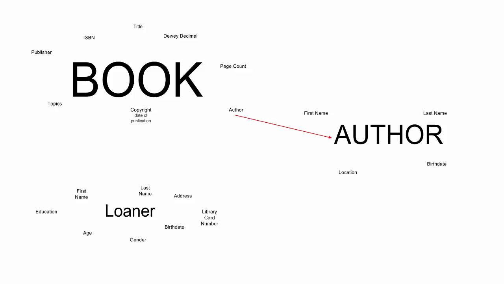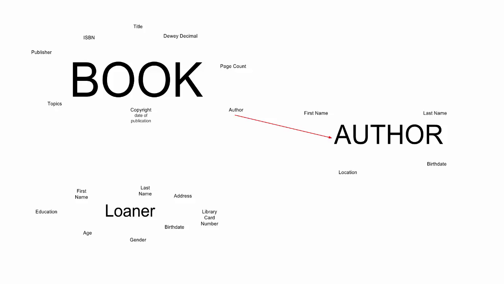You're going to give them a library card, so that'll probably have a library card number or identifier. You'll probably want to know things like their birth date and their gender, just for demographic reasons. Age could be stored, or age could be computed based on birth date. Not to get into the nitty gritty, maybe education level, and again, we could come up with all kinds of other factors that we want to capture around a loaner.